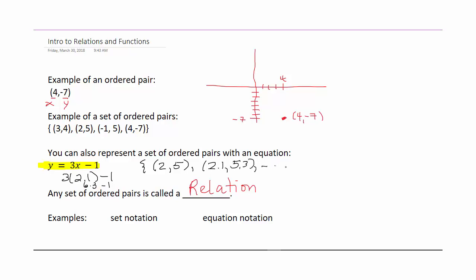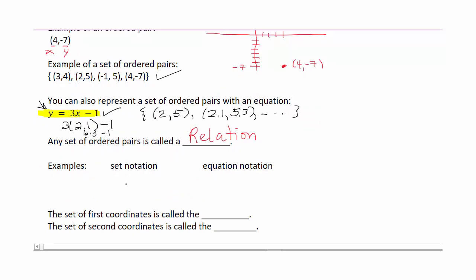And I could go on forever listing out an infinite number of ordered pairs, but since I don't have time to list an infinite number of ordered pairs, I give a relationship defined by an equation. So our relations might be a list of ordered pairs, or they might be represented by an equation.